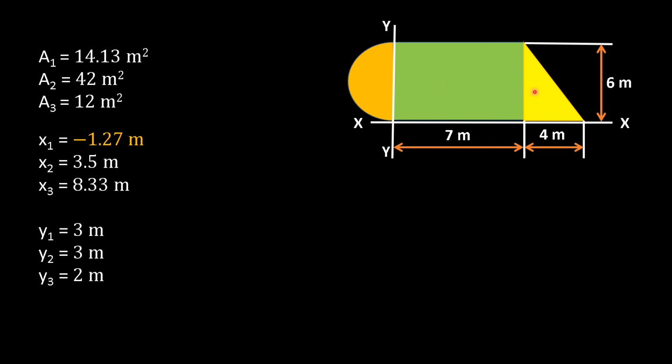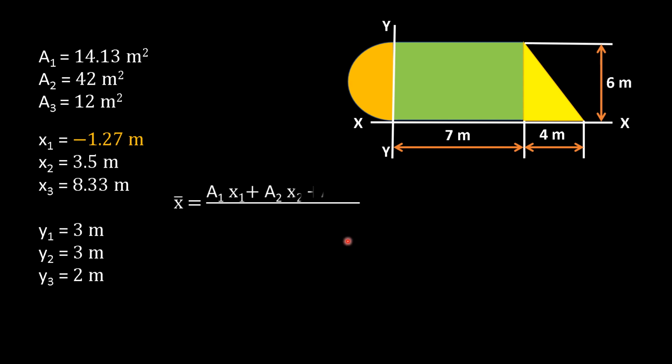Areas of these three subsections A1, A2 and A3 are given here. Distances of the centroids represented by these areas from y-axis and from x-axis have been provided here.